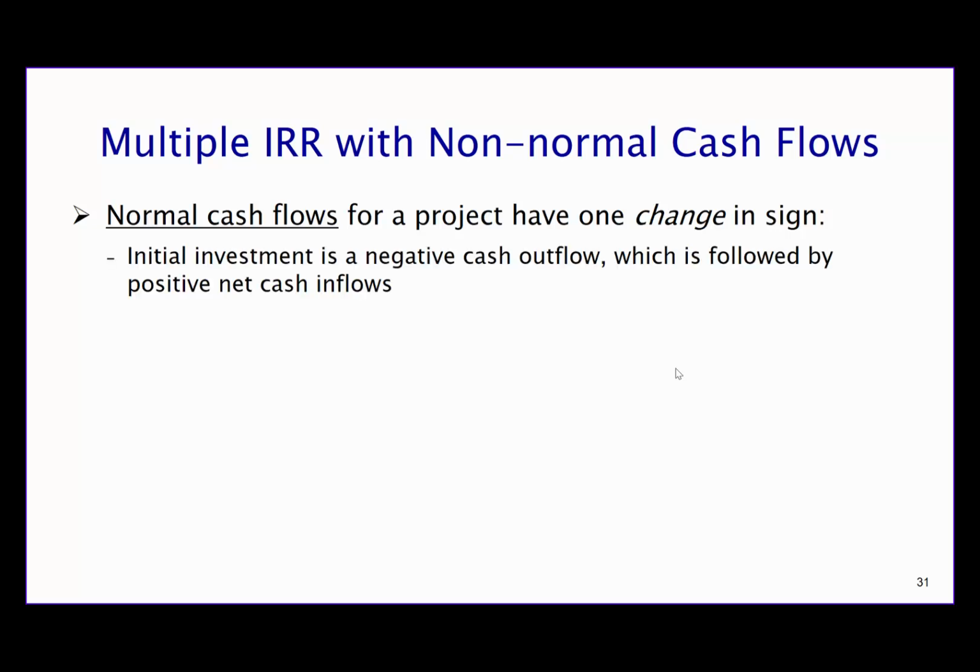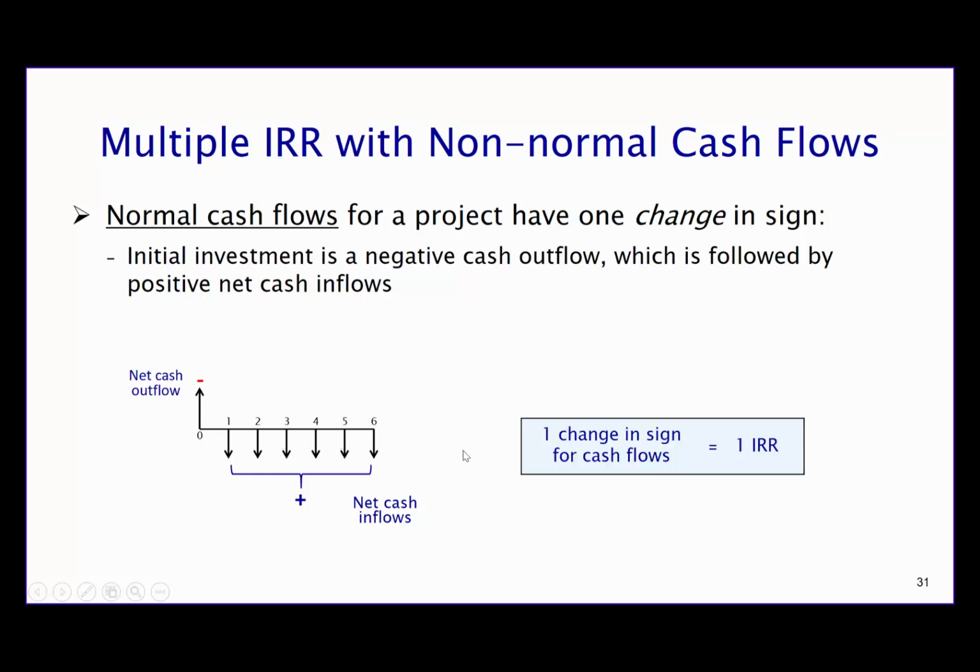You'd have an initial investment as a negative cash flow, or simply net cash outflow, which is followed by positive net cash inflows. So here we have a net cash outflow at time 0, followed by a series of positive net cash inflows. I have one change in sign from negative to positive. It stays positive. When you have one change in sign, you'll get one IRR, and life is good.